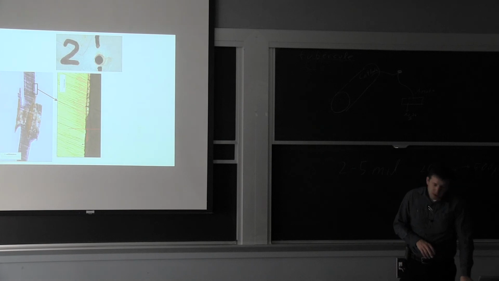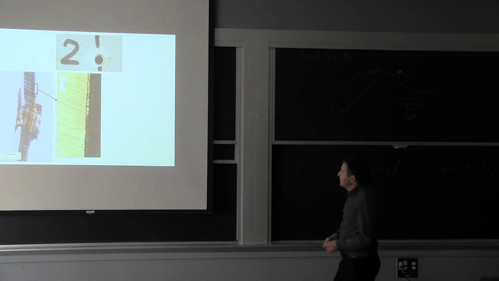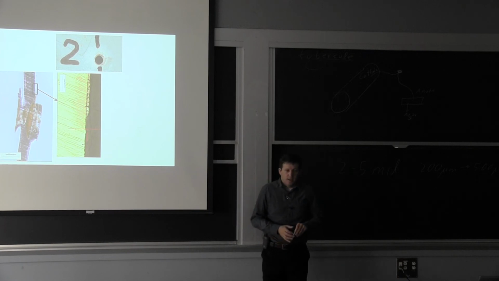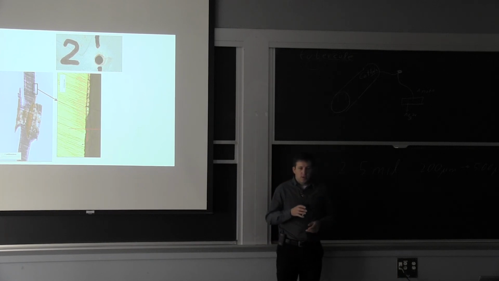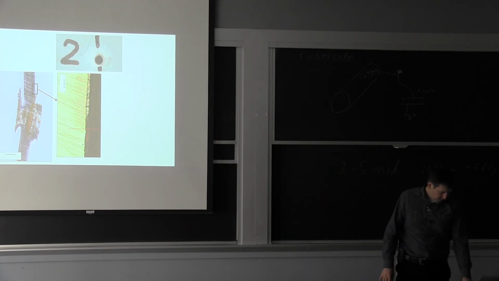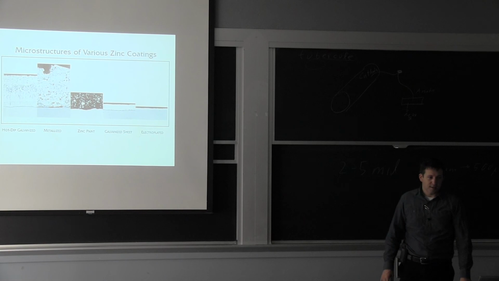Okay, so just a few more words about the sheet galvanizing. The reason I'm mentioning this is, if you say to someone, I want my steel to be galvanized, just the word galvanizing doesn't tell you which one of these you're getting. So be very mindful of that.